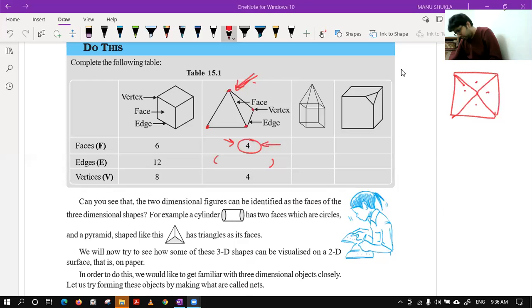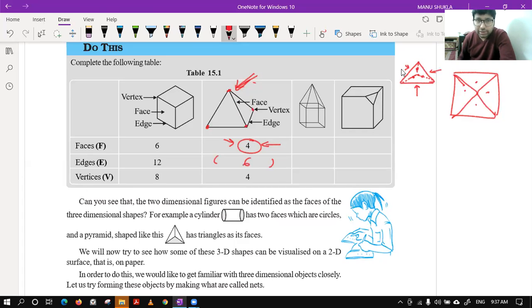Like this is the base. This is the top. And like this, we will join. Let me count the edges. First edge, second edge, third edge, fourth edge, fifth edge, and sixth edge. So there are six edges only.